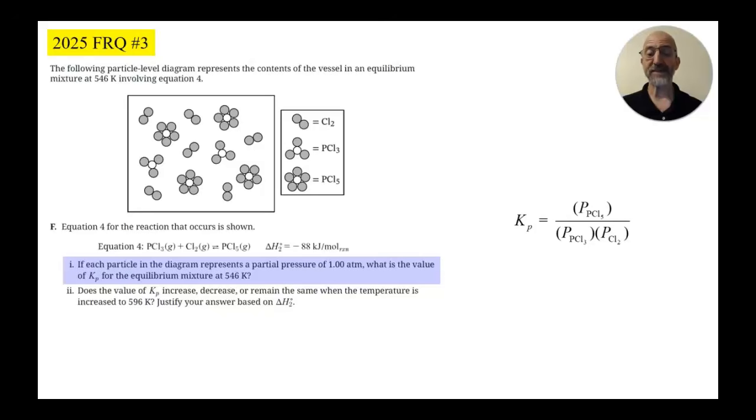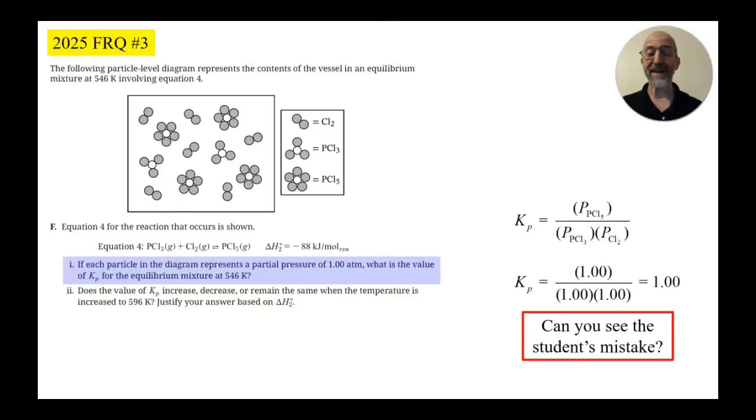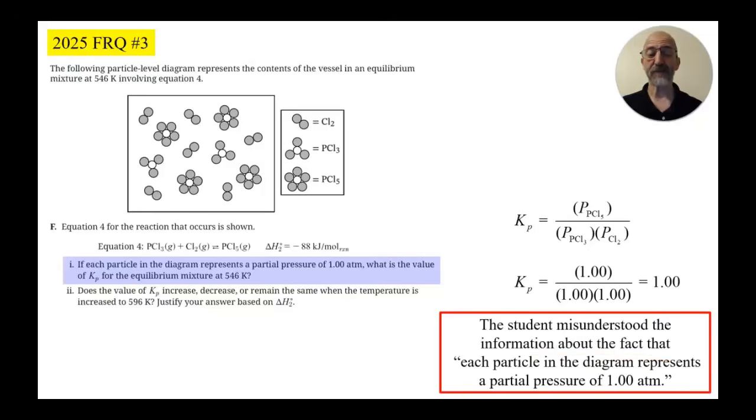But look at what the student did incorrectly. They assumed incorrectly that it said each particle in the diagram represents a partial pressure of 1 atmosphere. So it's likely that they misinterpreted that information and said, oh, each substance has a partial pressure of 1 atmosphere, which is incorrect. So they just put 1 atmosphere for the partial pressures of all 3, and they didn't actually count the particles themselves.